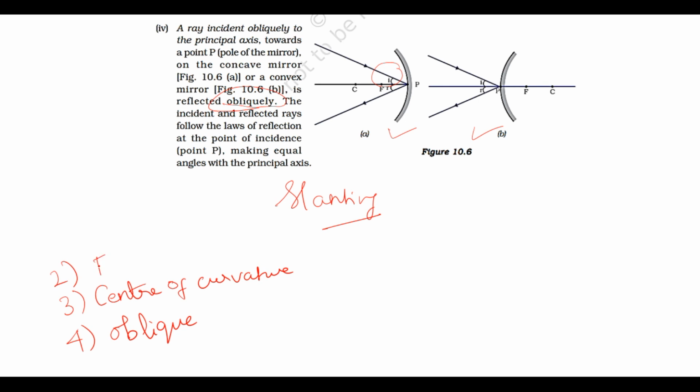It is the focus rule. When a light ray is passing through the focus, after reflection it will be parallel to the principal axis. The first one: when a ray is parallel to the principal axis, after reflection it will pass through the focus. Like this, collectively you can remember the rules to draw the ray diagram for a mirror.